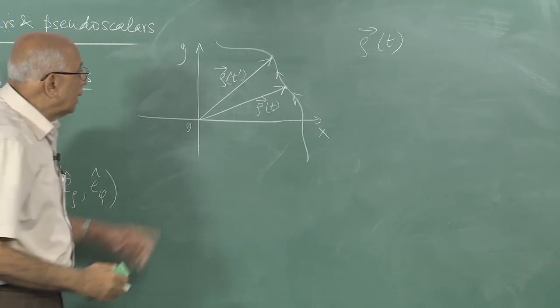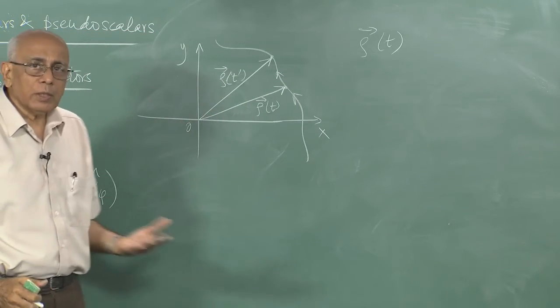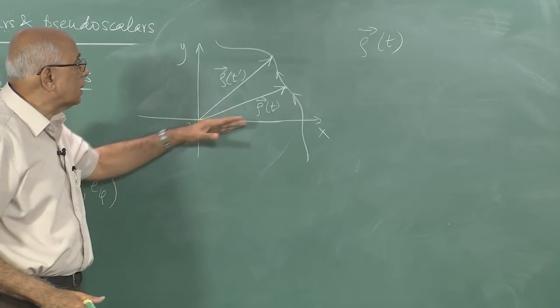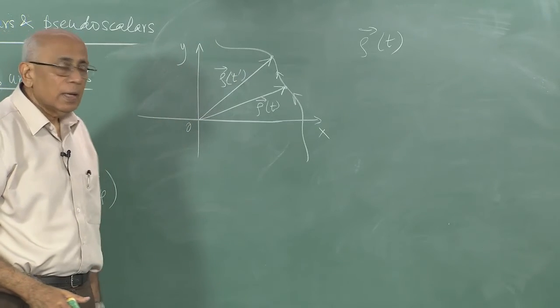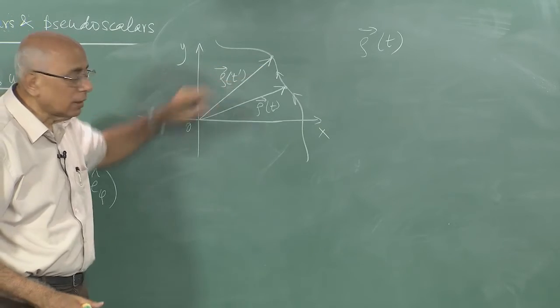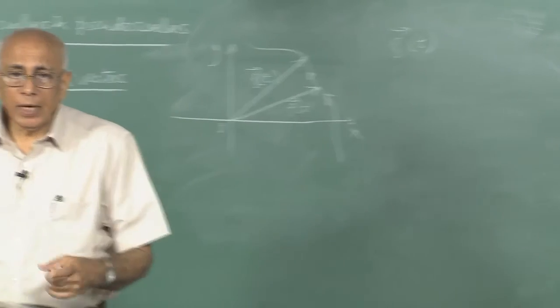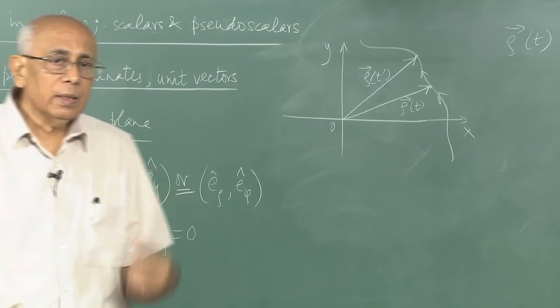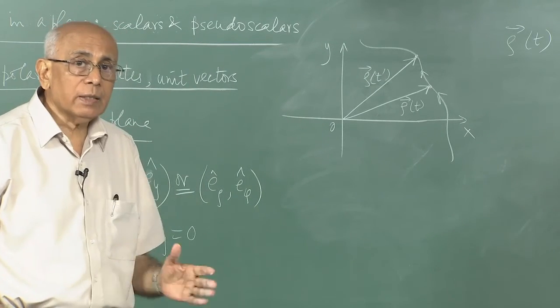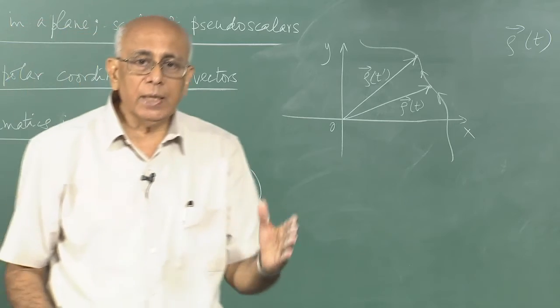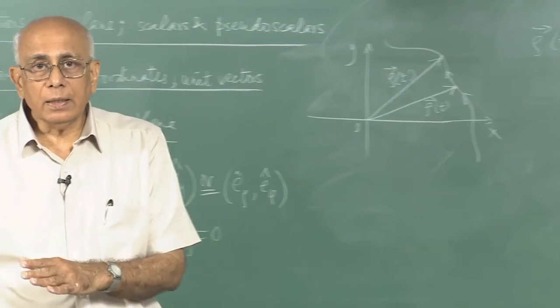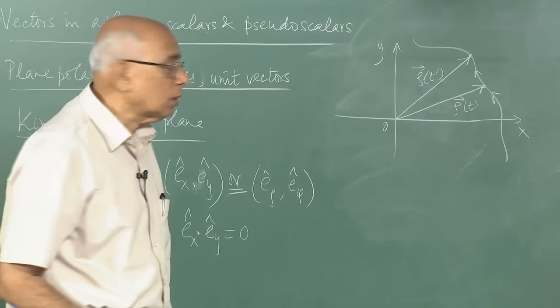Then it differs from rho of t in two possible ways. One is its direction is different in general, and the second is its magnitude is different in general. So therefore when I say the velocity, which is the rate of change of this rho with respect to t, you have to take into account both factors, the fact that its direction may change as a function of time and that its position may change as a function of time.